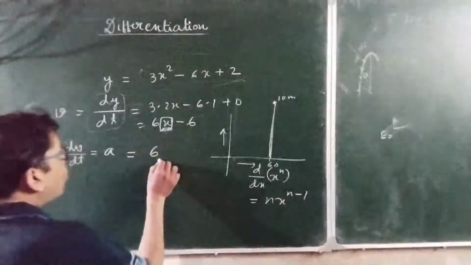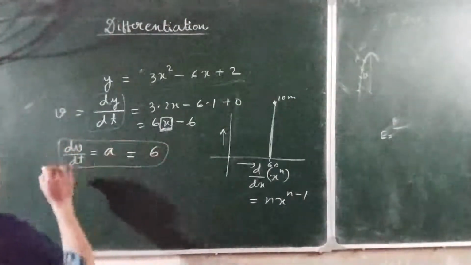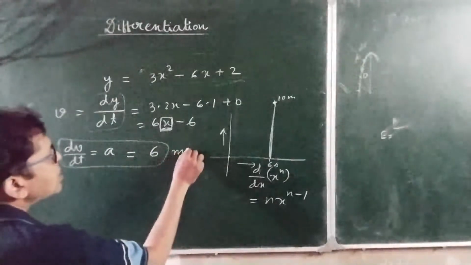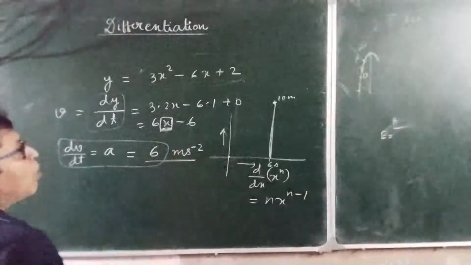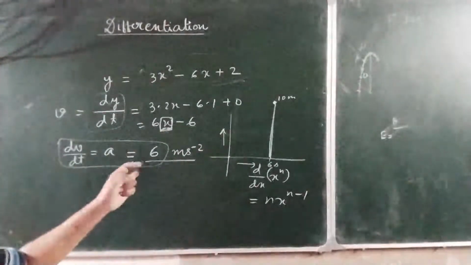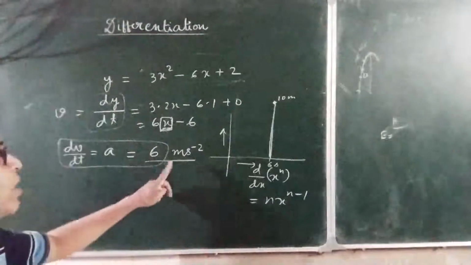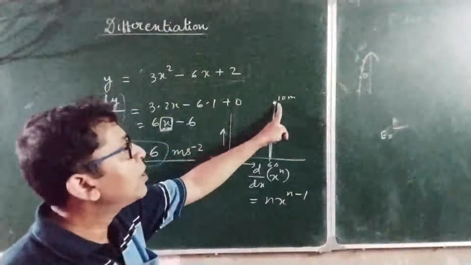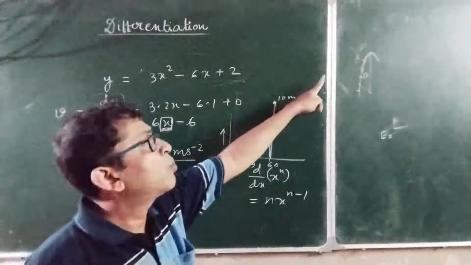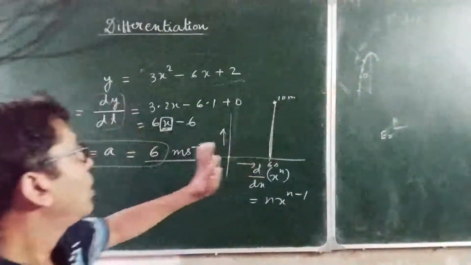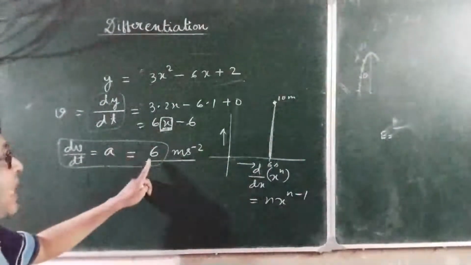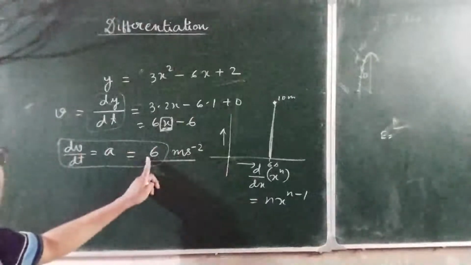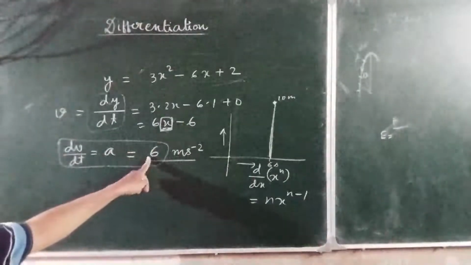So it shows that the particle travels with a constant acceleration. Suppose this is in meters per second squared. It always travels with a constant acceleration, meaning it increases its velocity at a constant rate. That means whether its position is 10 meters or 15, 20 or 30 meters, it will not change its acceleration. It will increase its velocity at a fixed rate.